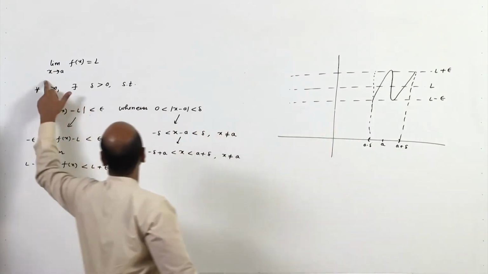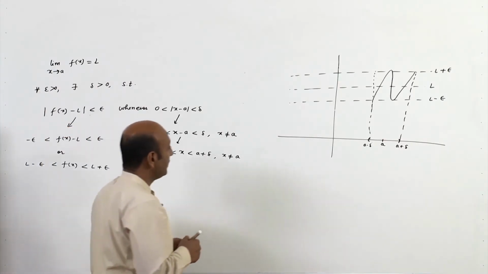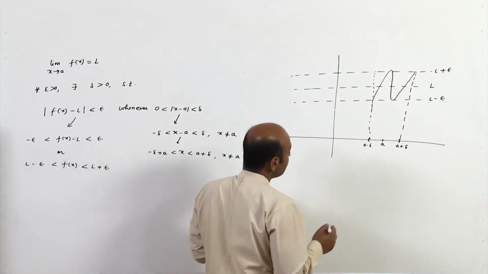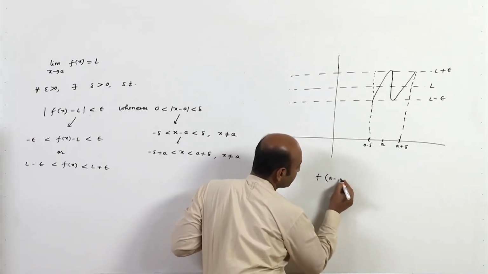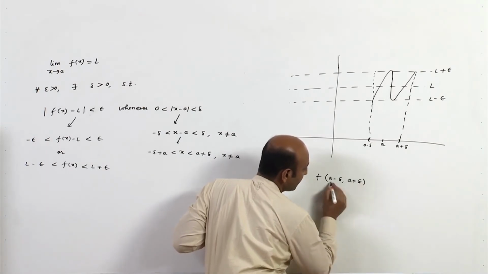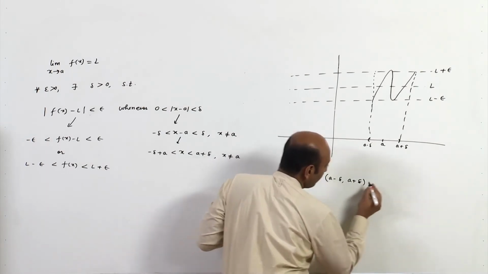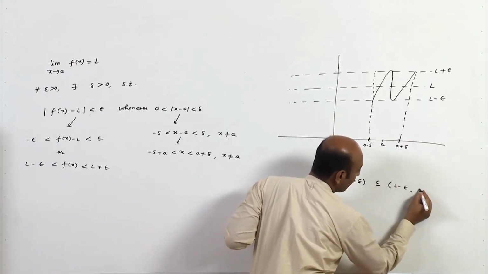So we can say that f of all those x lying from a minus delta to a plus delta will be contained in L minus epsilon to L plus epsilon.